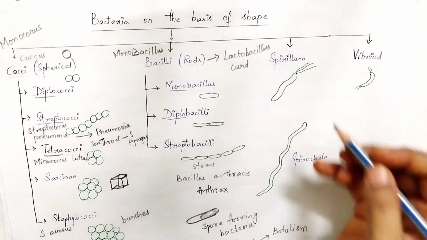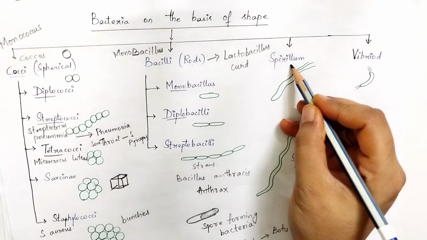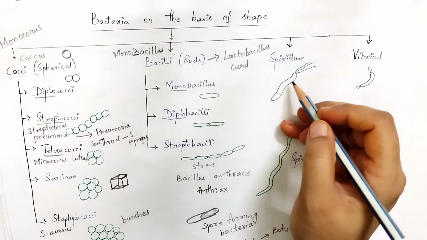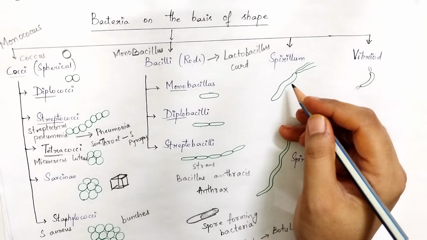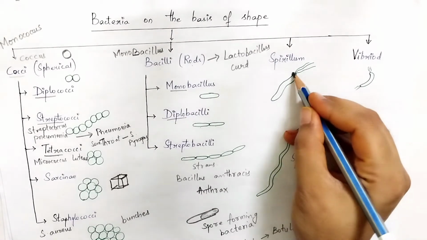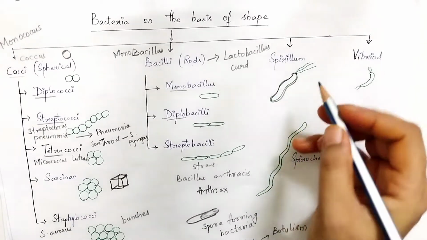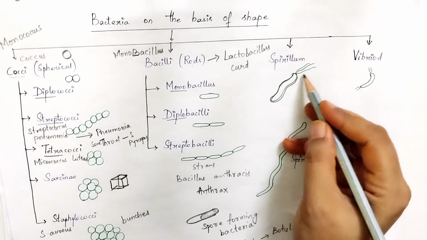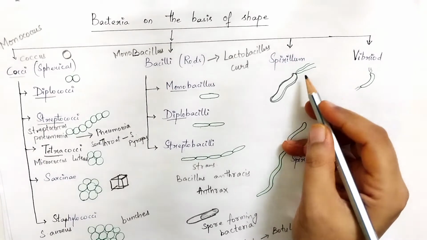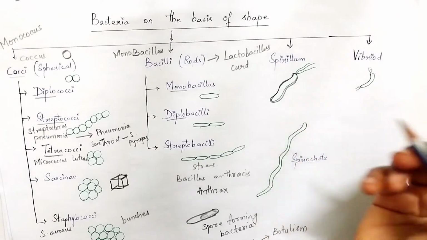The next category is the spirillum, that is, cells that have more than one complete twist. They are flagellated, can have one or more flagella, and have a distinct helical shape.